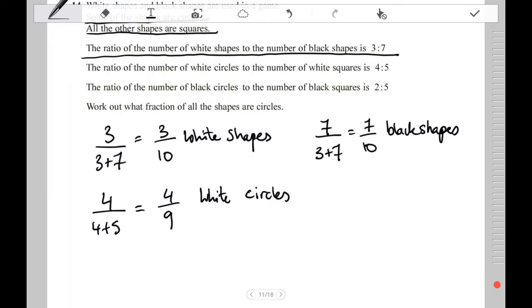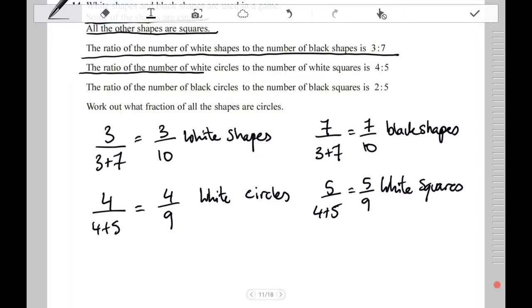And we'll do the same with the white squares. So 5 over 4 plus 5 equals 5 over 9. That is white squares. Okay, so we've done this one now.